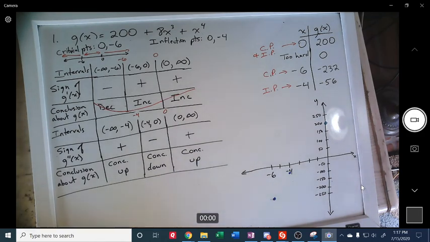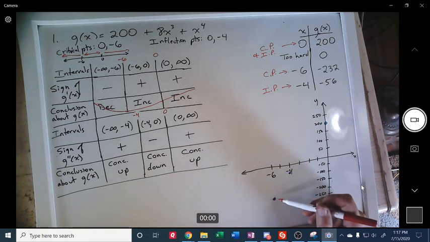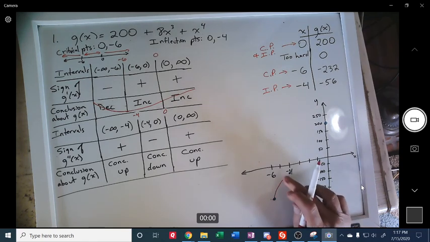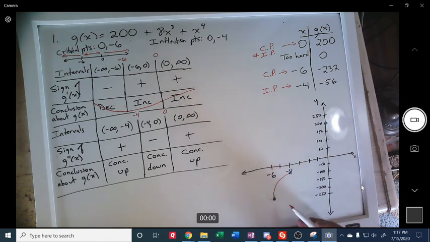Let me also throw another thing in there. Suppose from here to here, I go like this. I have to connect these two points together somehow. Perhaps they connect like that. Is that possible?